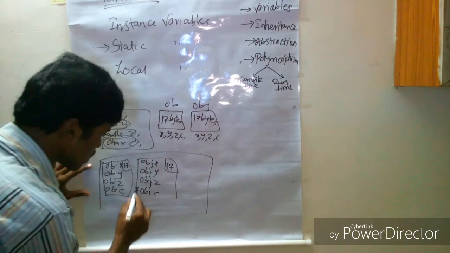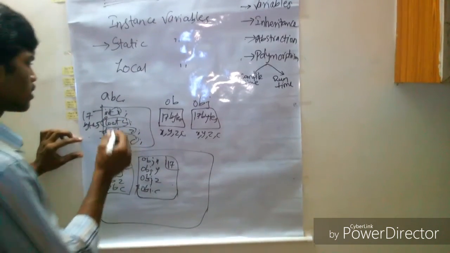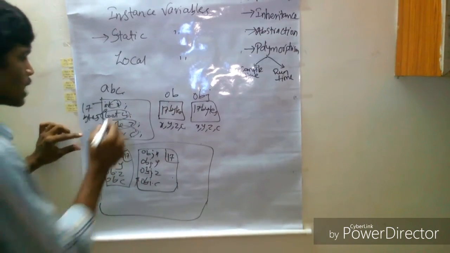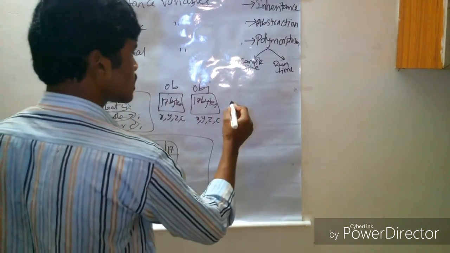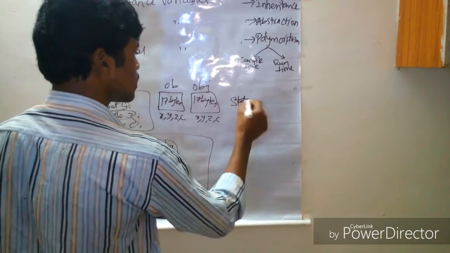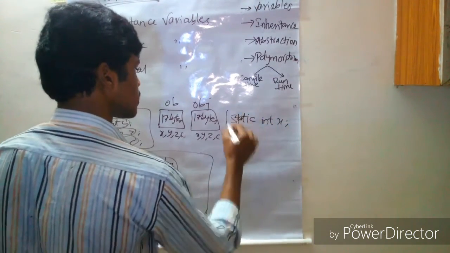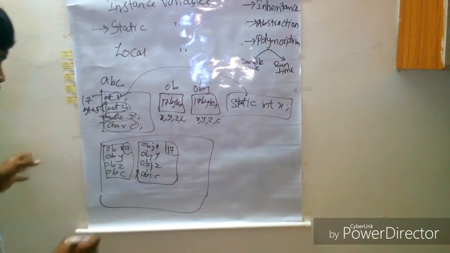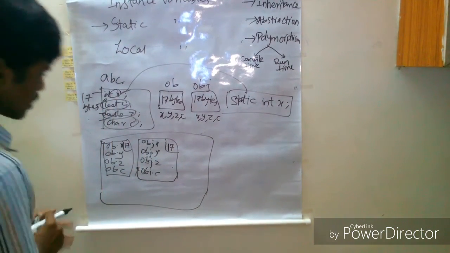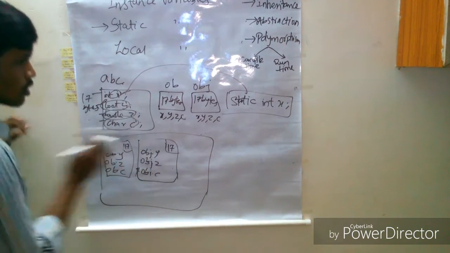In the static variable, let us take this x as a static variable. To declare it as static, we just add the keyword static in front of it: static int x. If you replace this with int x, then it does not create ob.x and obj.x.